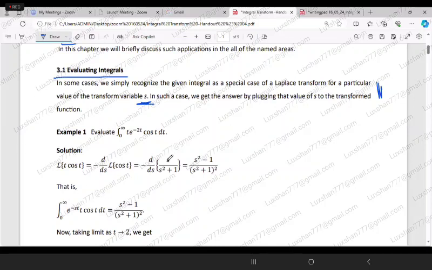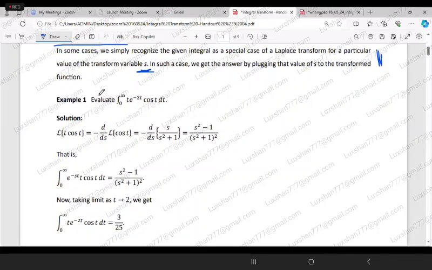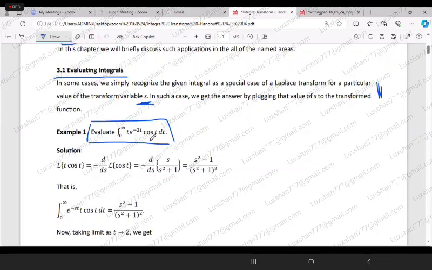Okay, now we have to evaluate this integral. If you look at the limits, 0 to infinity, and here we have e to the power minus 2t. If you carefully observe this, it looks somewhat like the Laplace transform form, isn't it?